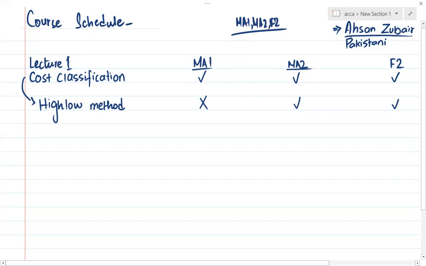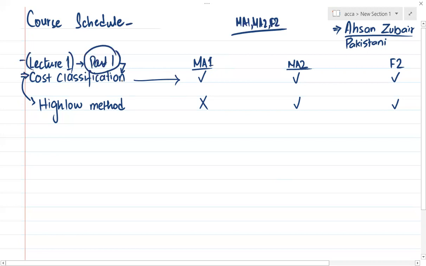For example, my first chapter is cost classification. My first lecture, from which I will start, would be lecture one, part one of the chapter, that is cost classification. What I have written in front of this is that any student covering MA1 has to go through this chapter.